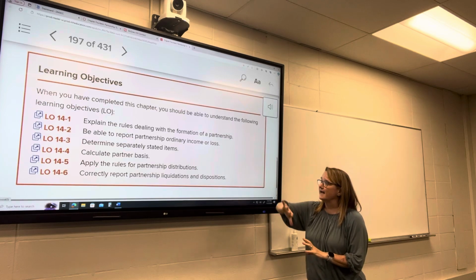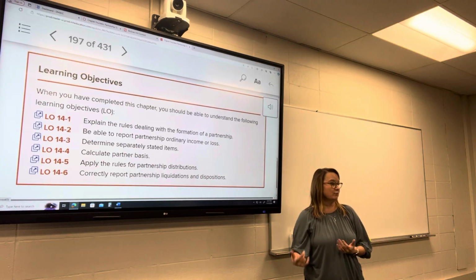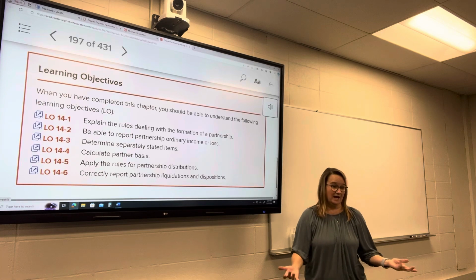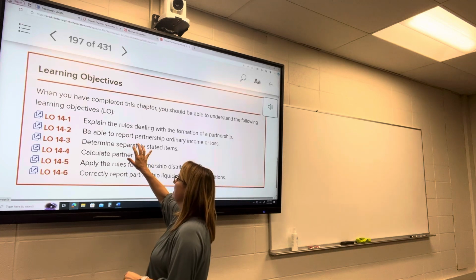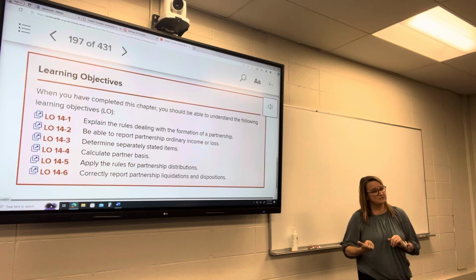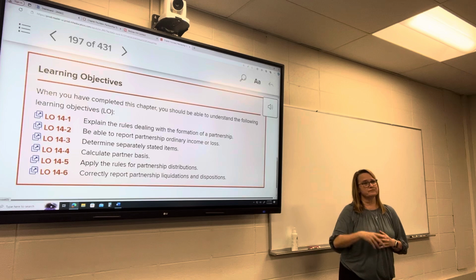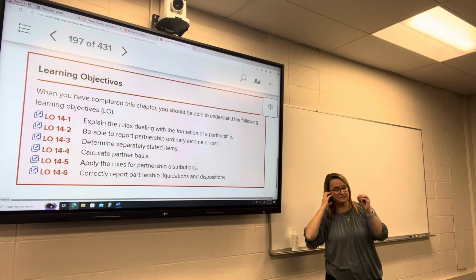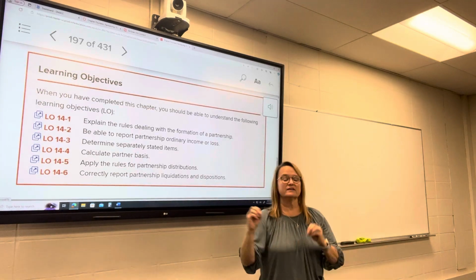We're also going to look at ordinary income and loss and how that is recorded. That's fairly easy. It's pretty much the same as how we calculate it on a Schedule C. We have this new concept of separately stated items, and we've already talked a little bit about this because we talked about K1s in chapter 8, those pass-through entities, and how certain types of income or loss reported on those K1s are treated differently.